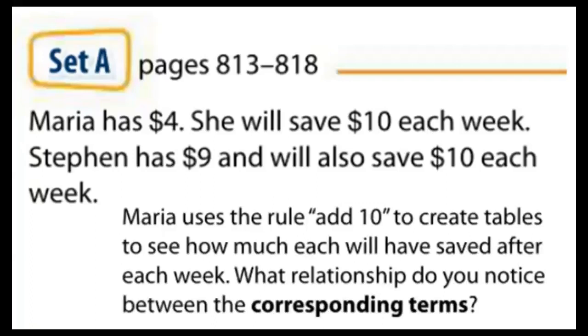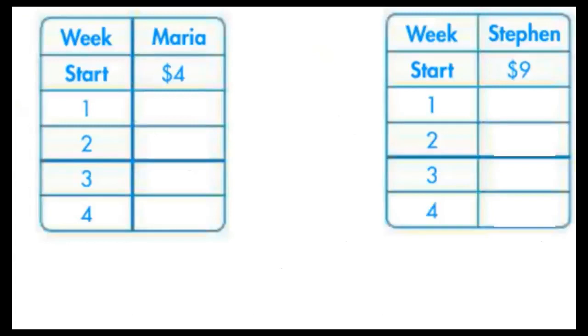Maria uses the rule of add 10 to create tables to see how much each will have saved after each week. What is the relationship you notice between the corresponding terms? Okay, let's form the table. A table for Maria and a table for Stephen. Maria started with $4 in week 0.